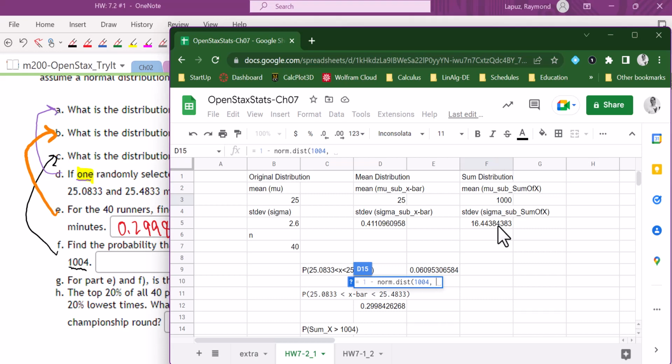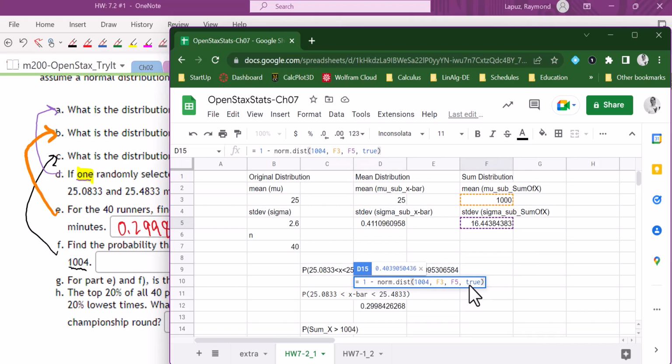That's the x value that we have, and then the mean of the sum distribution is 1000, comma, space, and then the standard deviation is going to be 16.4438, or if I just click on that, I'll have a lot more accurate computation. And then true for this to be cumulative.